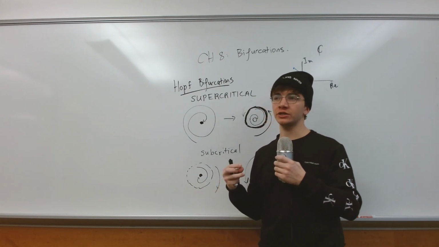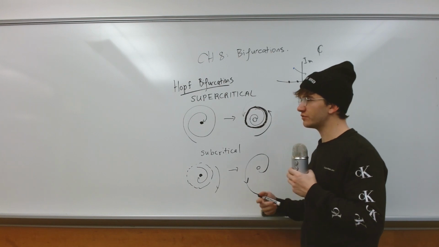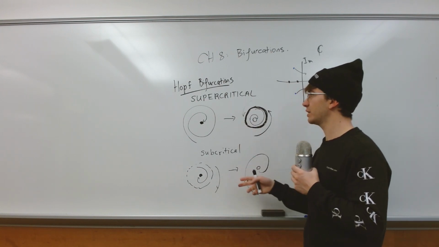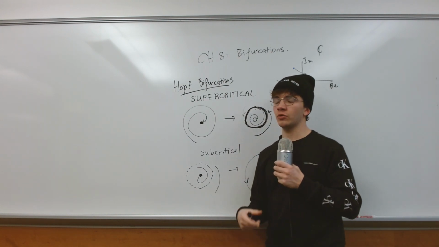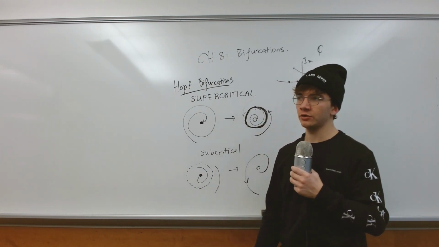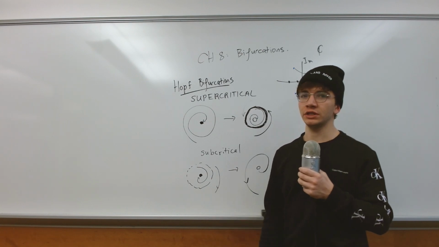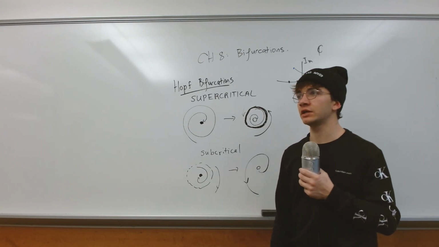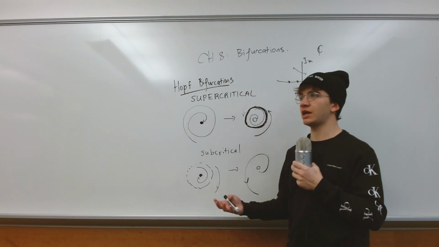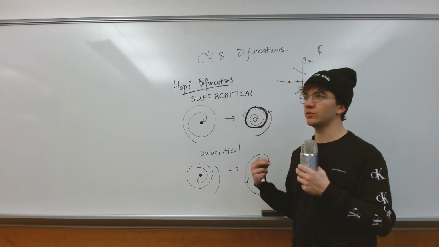So it's more difficult to tell exactly which of these is happening without more technical analysis. The author of this book gives some references, but he also says you should numerically integrate it and see.